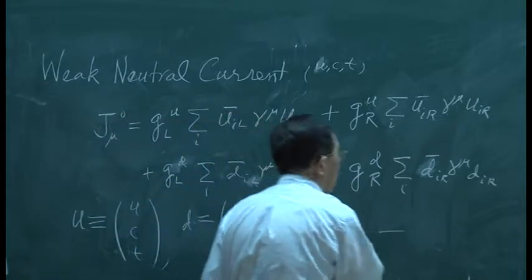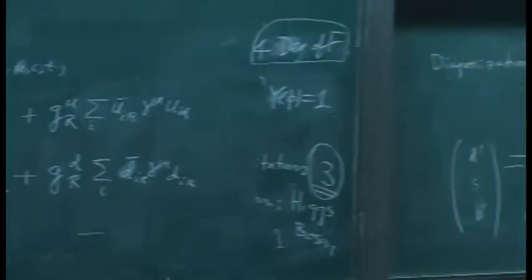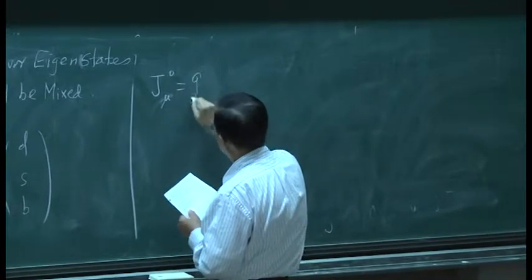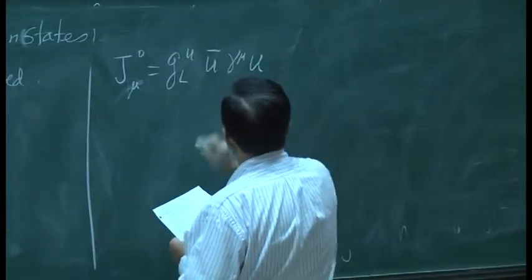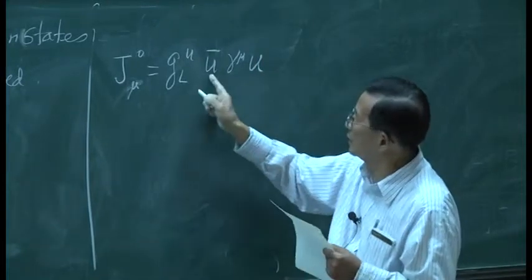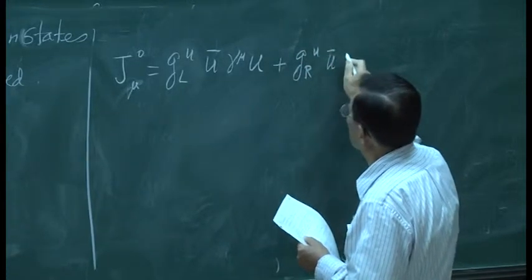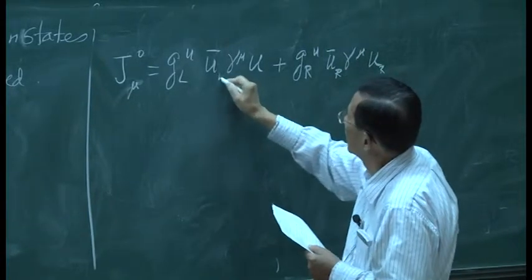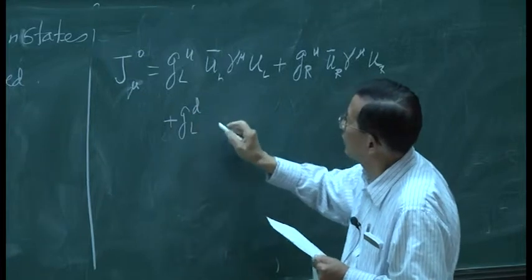And so the neutral current can be written in this form: U bar gamma mu U, it's a column vector and column vector, and then you have the right-handed one, U R bar gamma mu U R, and then plus the D quark.